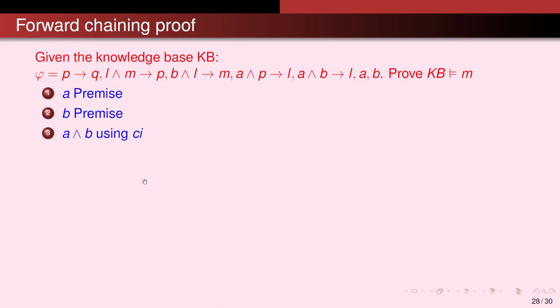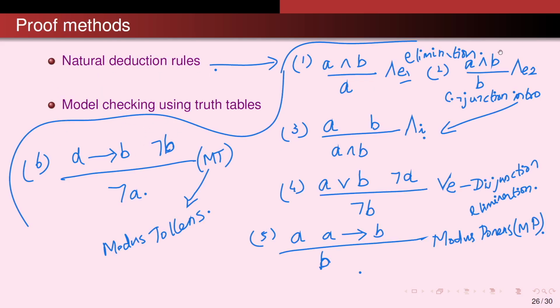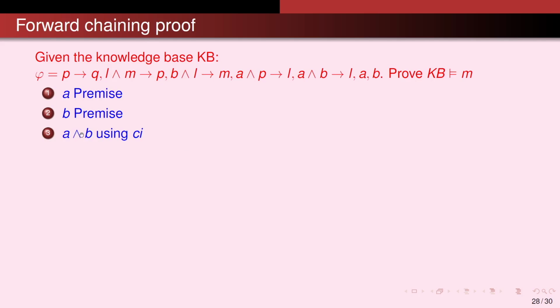With A and B using conjunction introduction, which I gave earlier, if you remember the natural deduction rules, if both A and B are given, then I can conclude A and B using conjunction introduction, otherwise called CI. Here I have given the wedge symbol I. Here we are going to call that CI. CI and wedge I are one and the same. So, using these two, A and B using CI, I get the third clause.